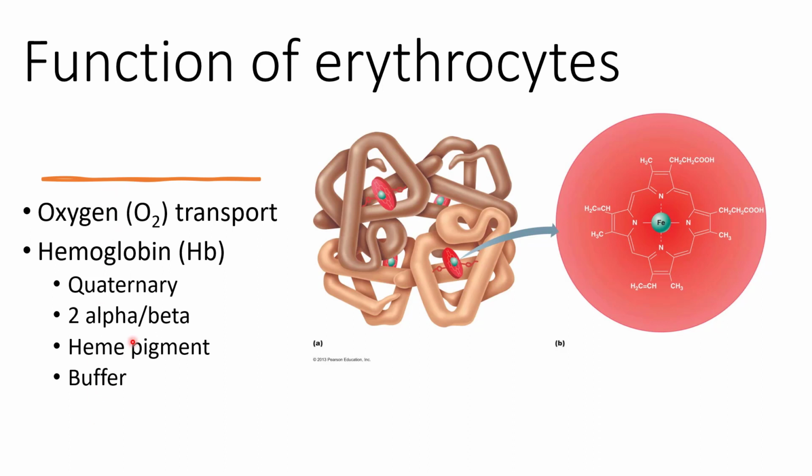Both of these things, the fact that it carries 4 oxygens per hemoglobin, and the fact that hemoglobin is a buffer, those two things will come back when we get to the respiratory chapter and when we get to the pH regulation chapter. So make sure to make some notes of that.